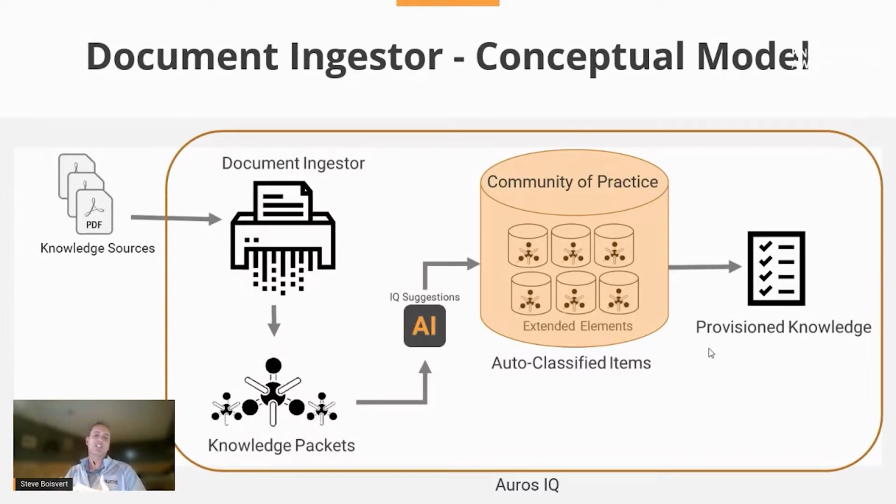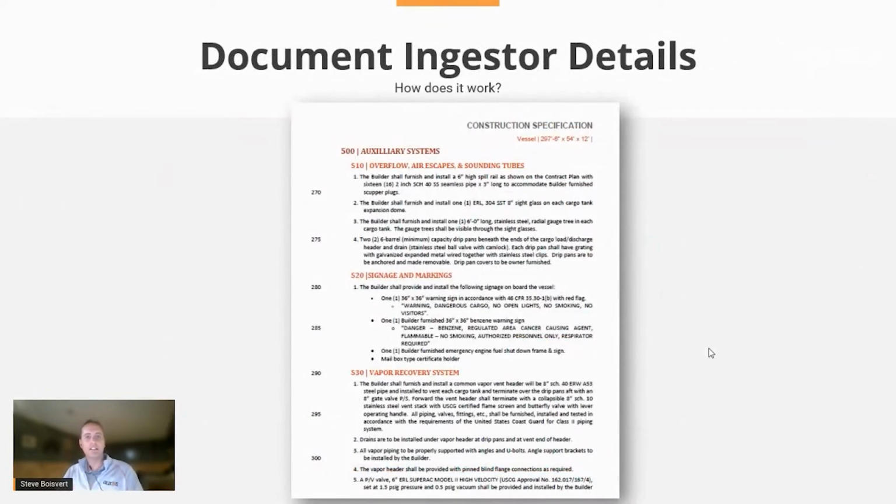And it starts to suggest values to help categorize that knowledge. Once all that stuff gets categorized, it's in the community of practice, we can then provision that in the form of an assessment control to different workflows. So that's how it all works. Kind of a little bit more detailed version of how it works is I have a sample document here.